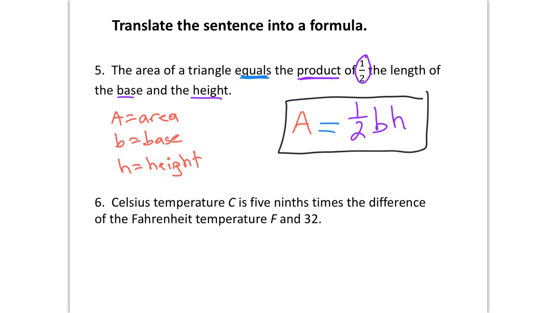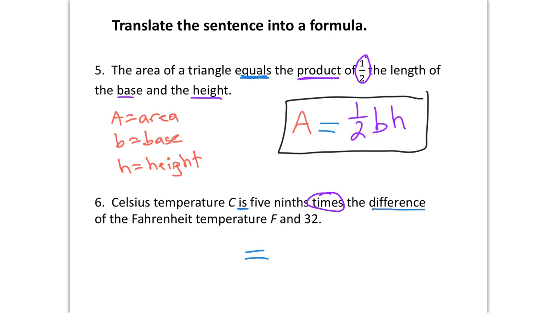So let me just write down the formula here. We have: Celsius temperature C is... there's the word is, I'm just going to underline the word is. So there's the equal sign. 5 ninths times, so I'm going to circle that so I don't forget. I'm going to have to multiply 5 ninths times the difference. So I will subtract.